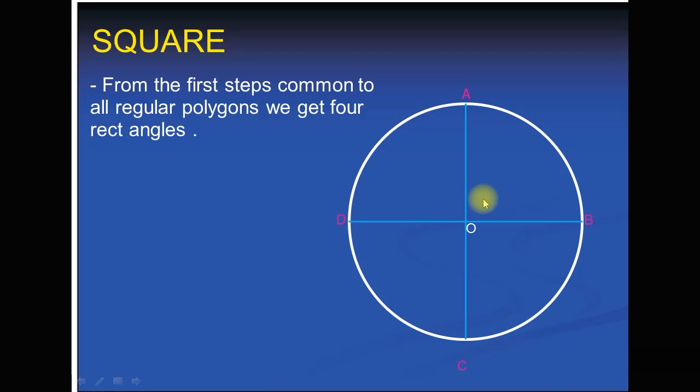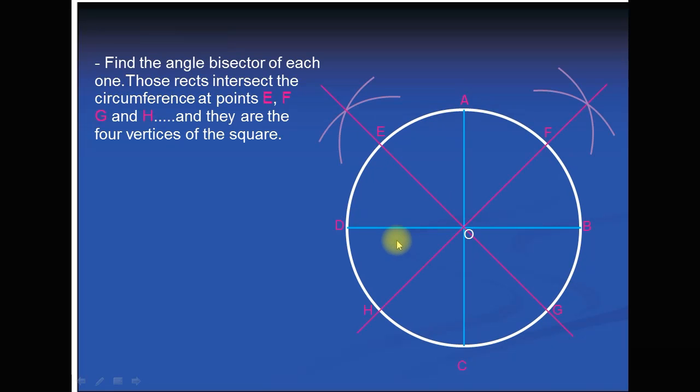This is angle number 1, angle number 2, angle number 3, angle number 4. So when we draw the circumference and two diameters of the circle, they touch each other at point O. At this point we have four right angles. So now find the angle bisector of each of these angles.